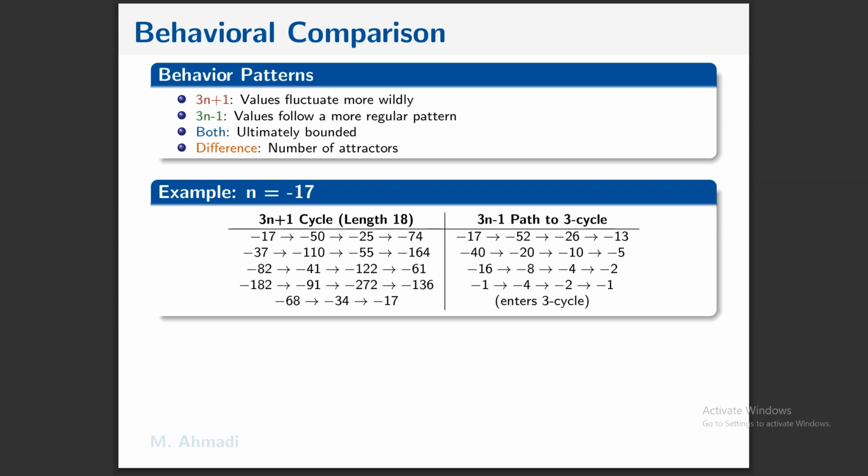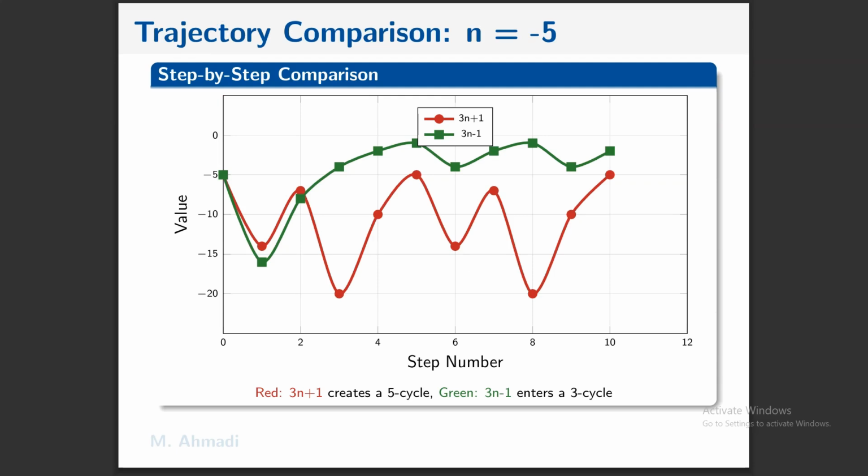For 3n plus 1, the cycle starts for n equal to minus 17, and the cycle length is 18. Also here is the sequence of the cycles. 3n minus 1 paths to the 3 cycle. After this sequence, it enters a 3 cycle: minus 1, minus 2, and minus 1.